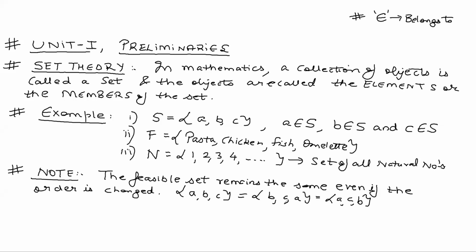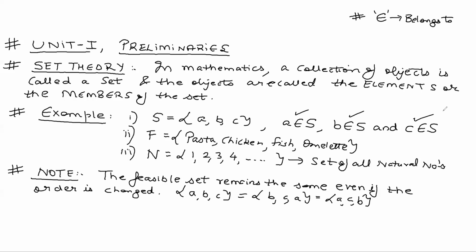I am quickly summing up what we have done till now. I have introduced the concept of set theory to all of you. It is the first topic within preliminaries. In maths, a collection of objects is called a set. Objects are called the elements or the members of the set. For example, if I take a set of A, B, and C, then the members of the set are A, B, and C. A belongs to the set S, B belongs to the set S, C belongs to the set S. Sets are usually denoted by capital letters.